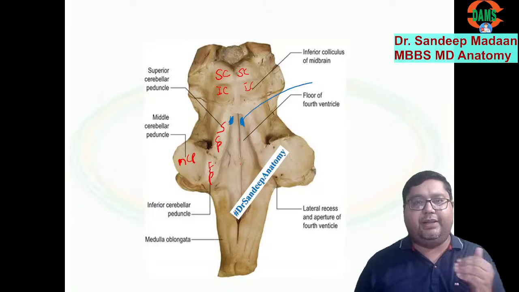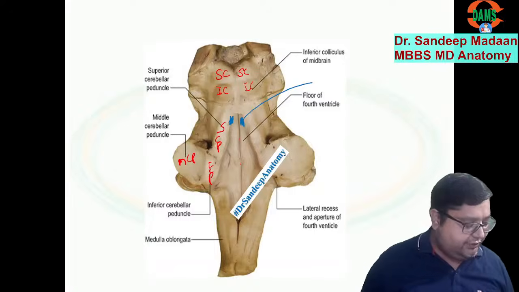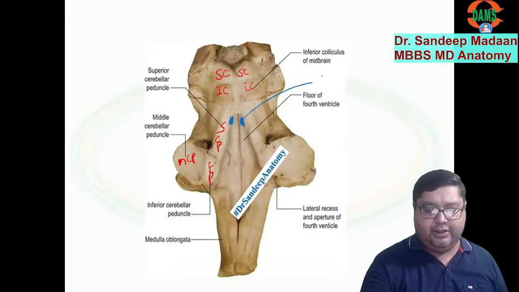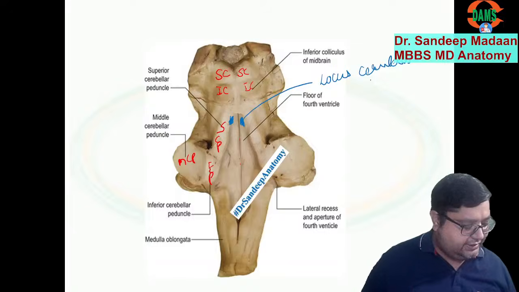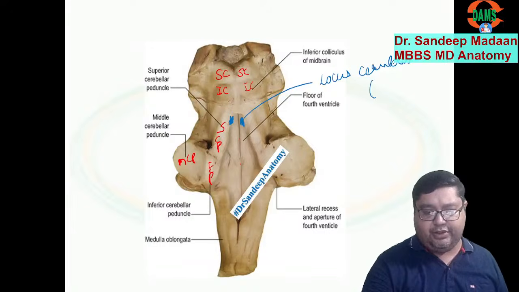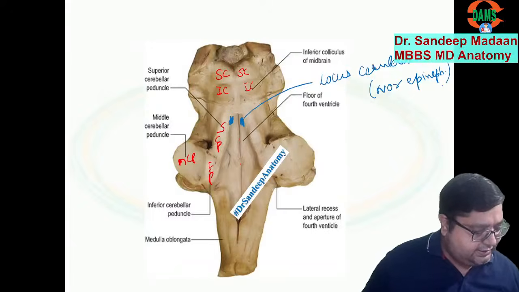Bluish green pigmented area in the upper part of the pons in the floor of the fourth ventricle. What will be your answer? Answer will be locus coeruleus. And what is it concerned with? Locus coeruleus is concerned with the production of norepinephrine.